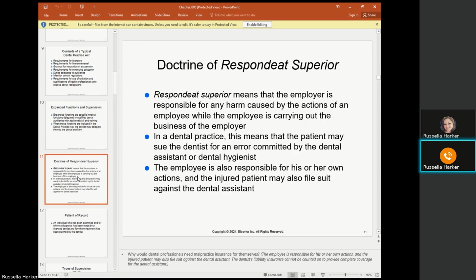So you have to be careful. Like, let's say you were being careless and you were taking an x-ray and accidentally smacked the patient in the head with the x-ray unit. Yes, it may have been an accident, but it's also negligent in your behavior. So because of that, they could file a lawsuit.